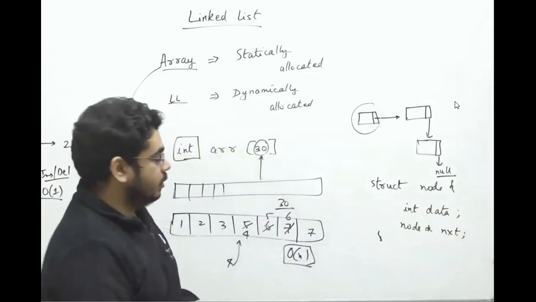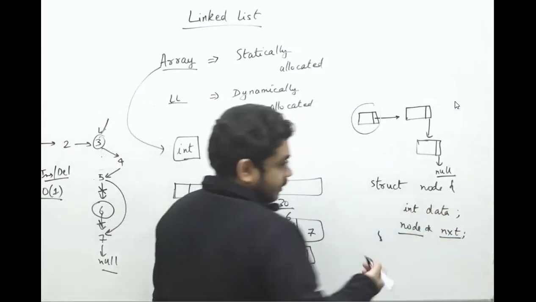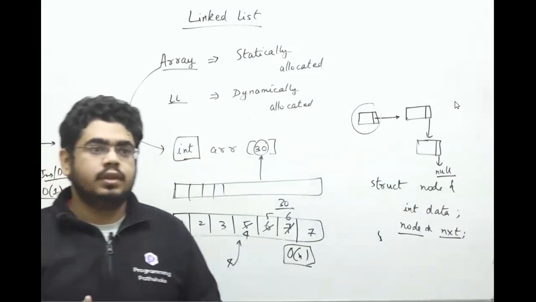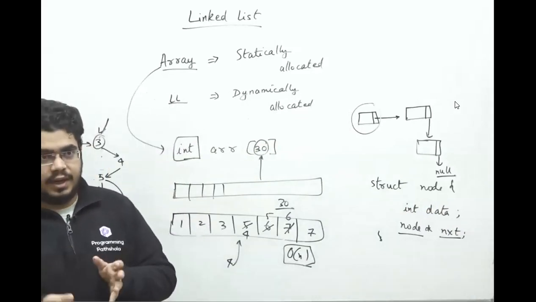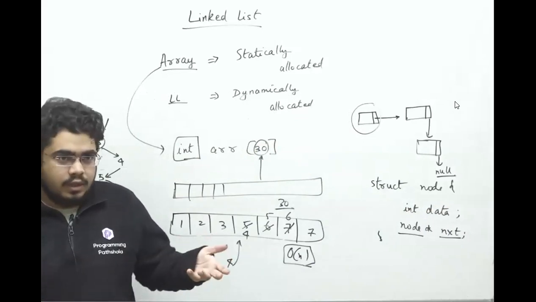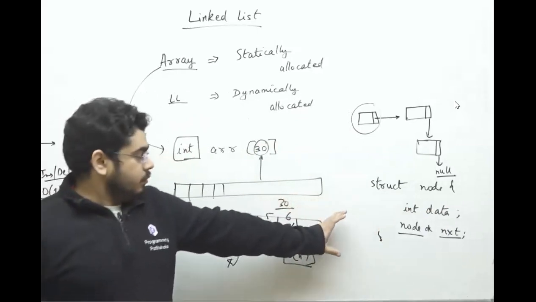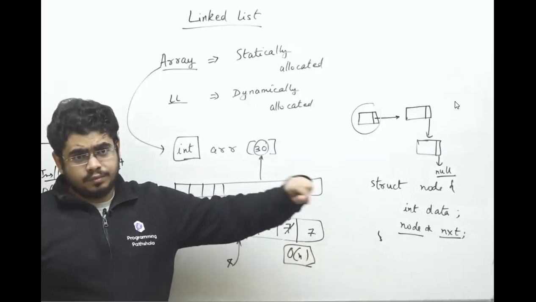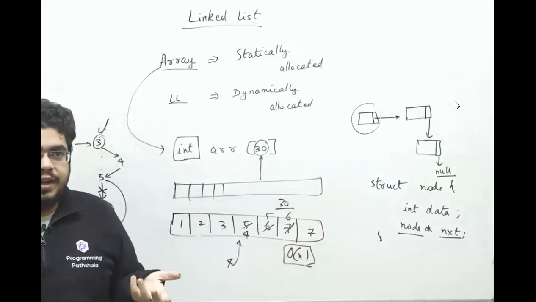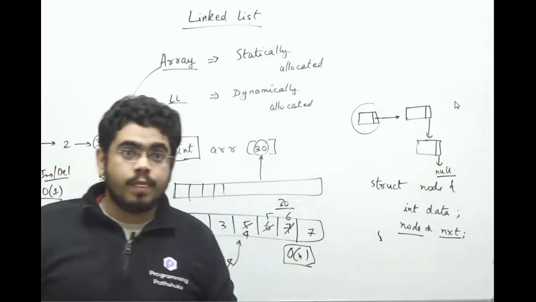For example, class node, and I'll say node object next. So it's like composition, one node inside the other, inside the other. Something like that, but it works just like a linked list. Will Java and Python people be able to do it? There are slight differences, but it works almost the same.